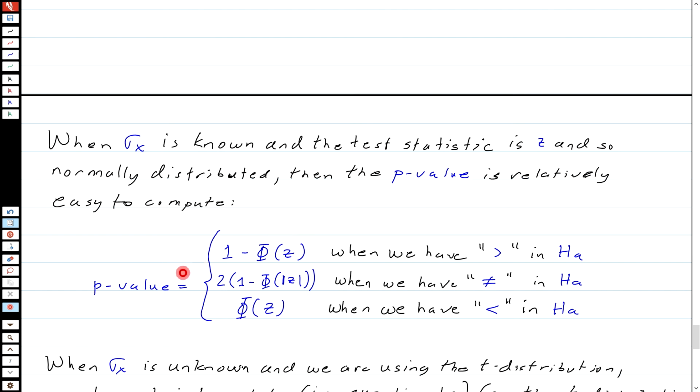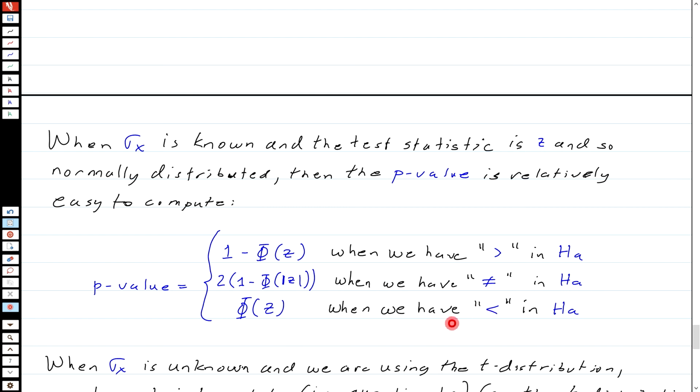Then the p-value is the probability of exceeding that in the positive direction when we have greater than in HA, or being less than or greater than in either direction if we have not equal to. And by the way, we use the absolute value of z in this calculation, even if we got a negative value of z, but we are also going to check to see if we're above the absolute value of that in the other direction. So that's the two-sided test.